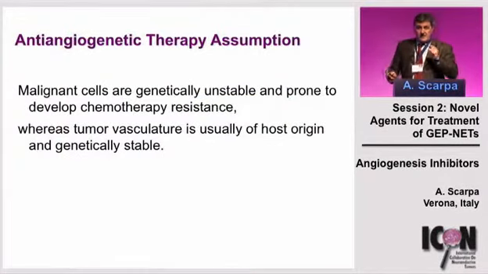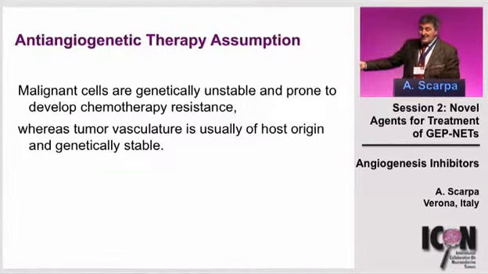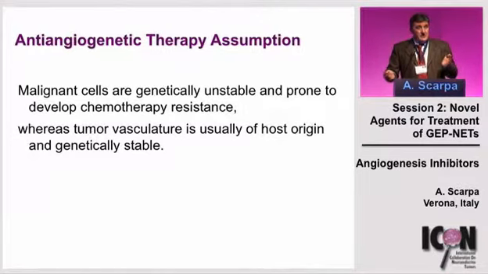Now, the basis of metronomic therapy is that if we hit a malignant cell, I will kill her because she is not able to recover the DNA, while the endothelial cells have no problems because they know how to repair DNA, and so I will hit her and I will be tranquil. If I hit her, I will kill her forever.